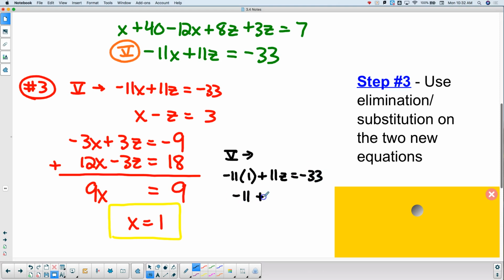Negative 11 plus 11z equals negative 33. 11z equals negative 22. So z here is negative 2. Agree with that? Now what?